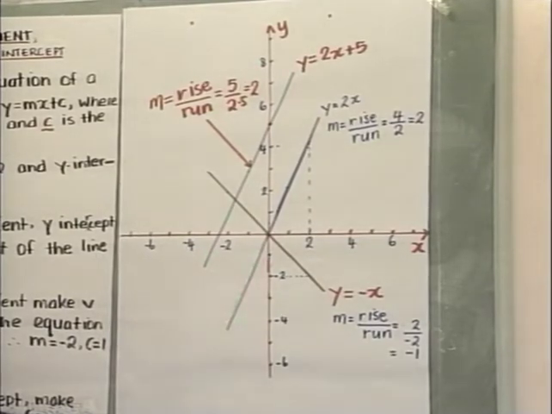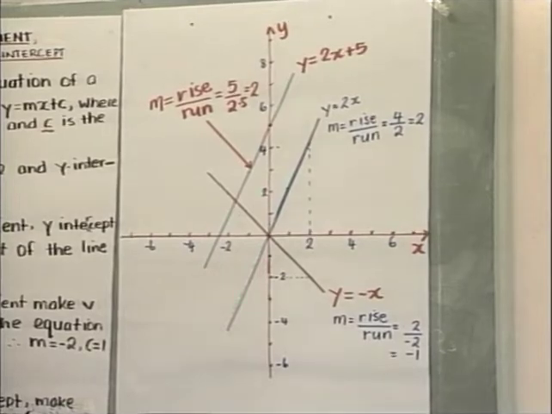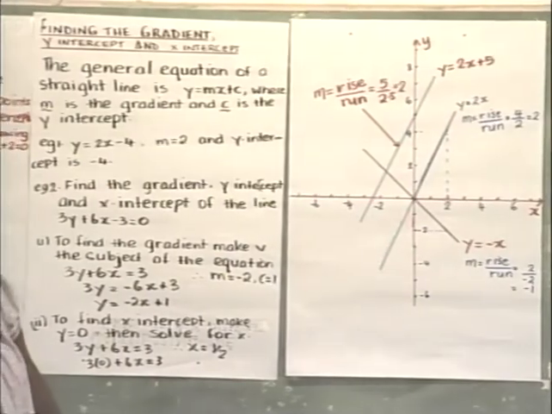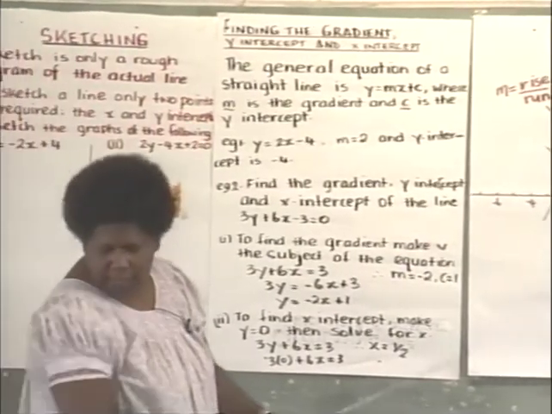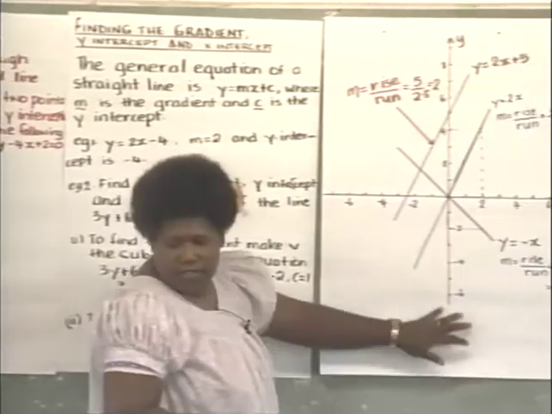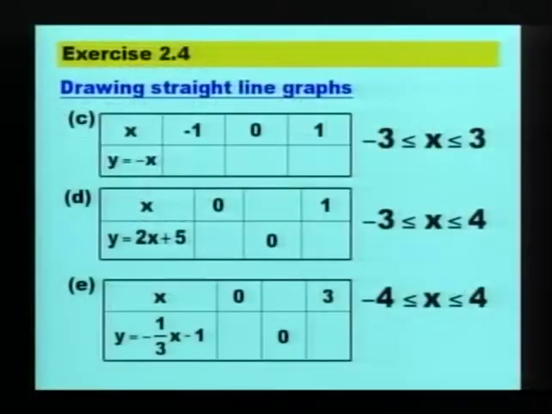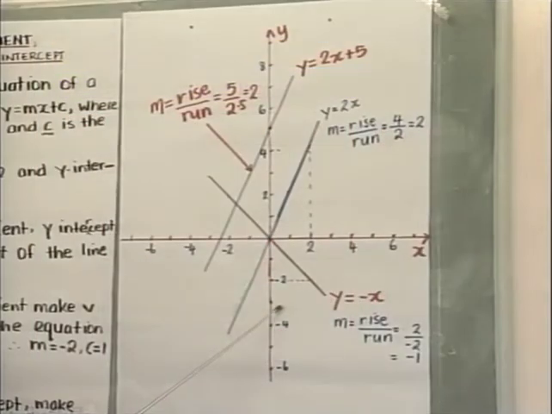The next one, y equals, sorry, it's not b. Okay, I think the next one is c. I just chose 3 lines. This one is letter C, y equals negative x. Why is the gradient negative 1?